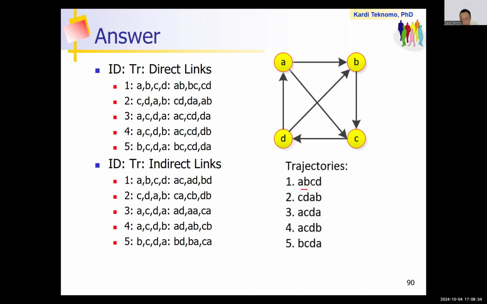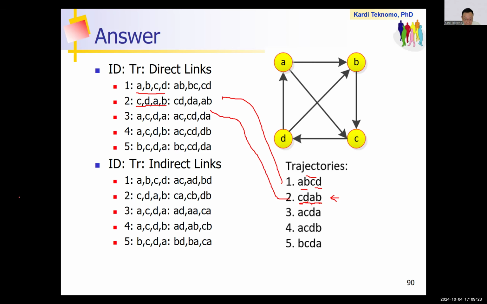In trajectory 1, A, B, and then B, C, and then C, D. Then number 2, C, D, A, B. So we can get the direct links C, D, and then D, A, and then A, B. Indirect links, of course, you can get from C to A, and then from C to B, and from D to B. So yes, we can list this.